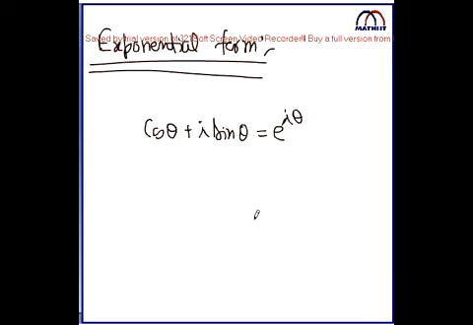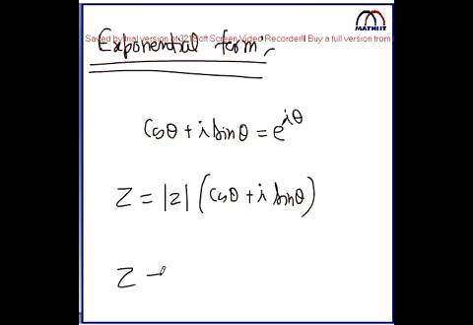I hope you heard: cos theta plus i sin theta is always written as e power i theta. So all of you know that any complex number can be written as mod z in the bracket cos theta plus i sin theta. So we will say any complex number can be written in this form also.